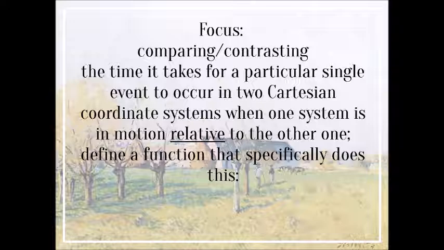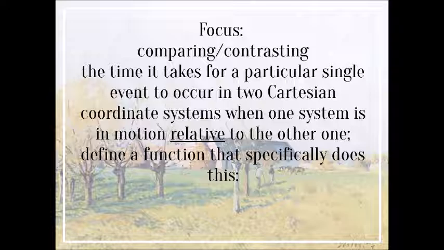The focus of time dilation is just comparing and contrasting the time it takes for a particular single event to occur in two Cartesian coordinate systems when one system is in motion relative to the other one.